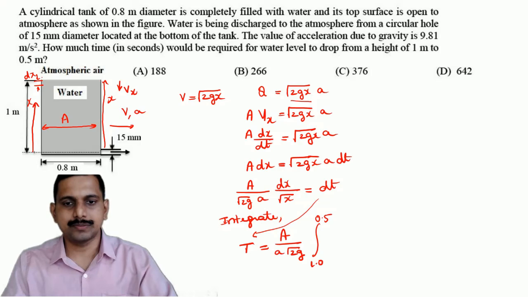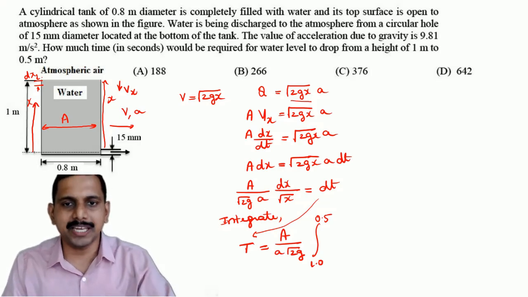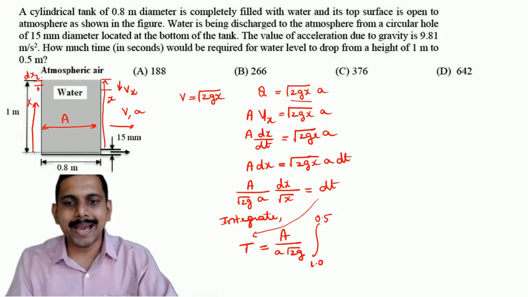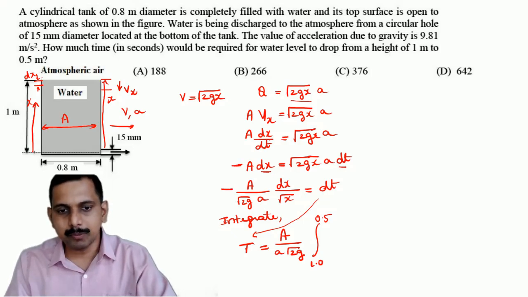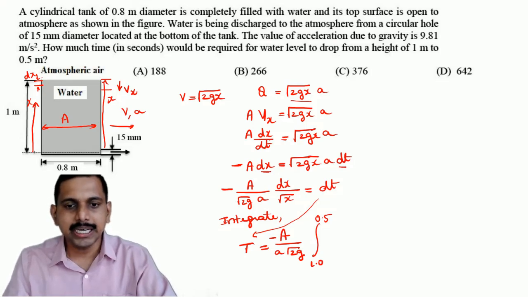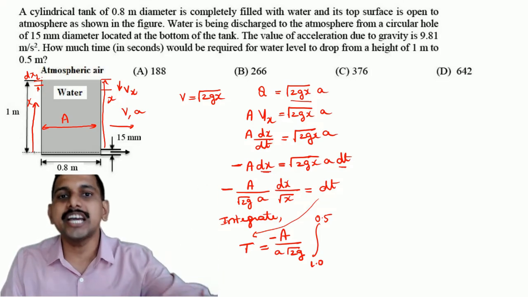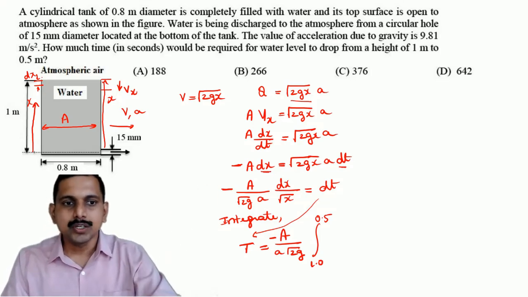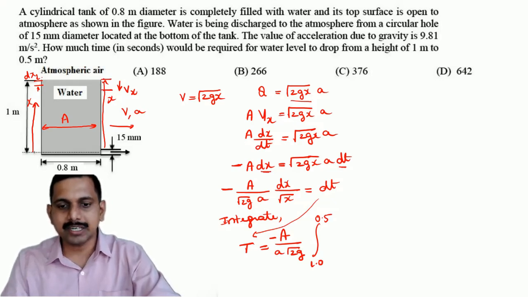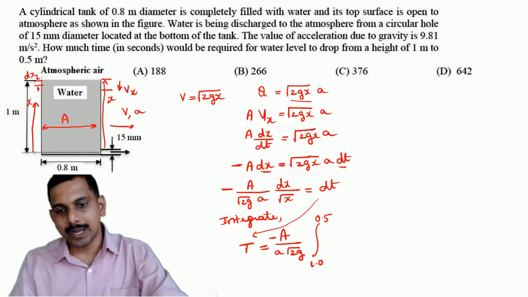Now we have to understand this. dx will always be negative, because with the passage of time x goes from maximum to minimum, so dx is negative, so it is better we put a negative sign here. We have to understand the relation between dt and x. dx is x2 minus x1, so it has to come as negative, that's why I am bringing the negative here, and it goes from 1 to 0.5.